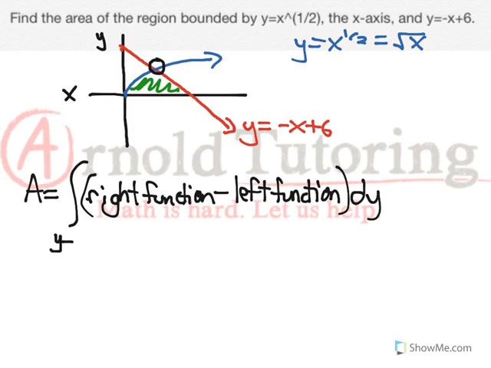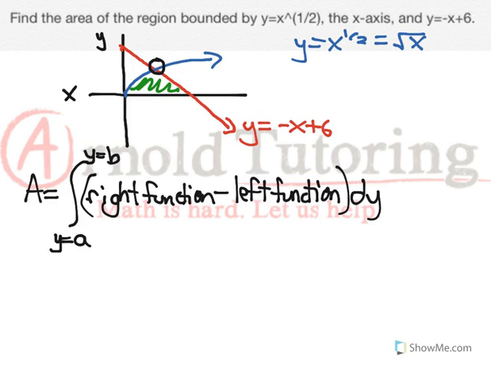So we will be running a definite integral where y equals a to y equals b. No matter where we are in this area, the right function is always the red line and the left function is always the blue curve. So maybe we can use this so that we only have to do one integral.